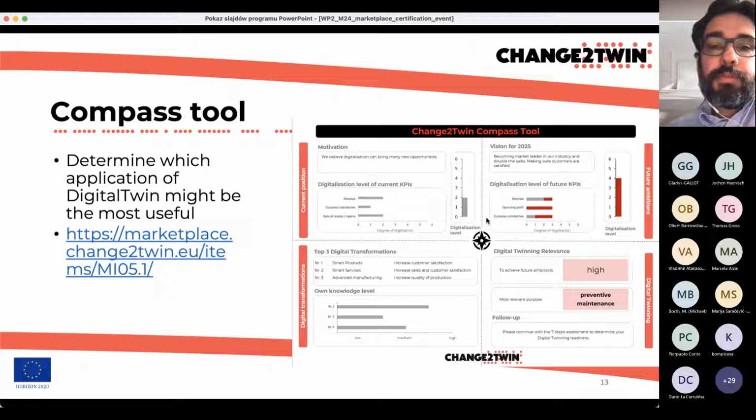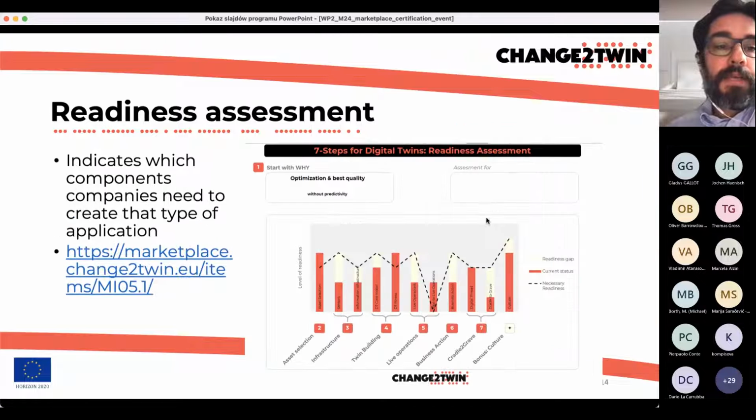Another tool already mentioned is the Compass tool, which allows you to determine which application of digital twin might be the most useful one. This tool is also already available to be used, so please search the marketplace for it. And another one is the readiness assessment.